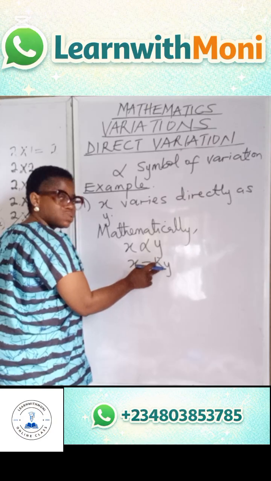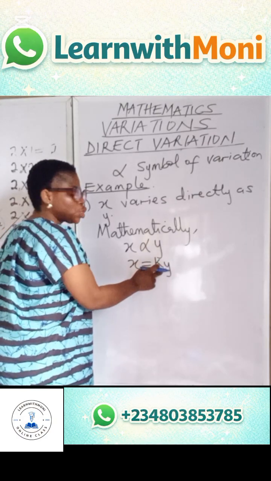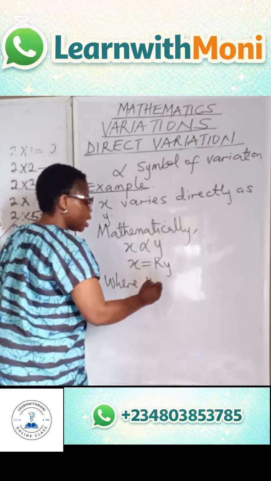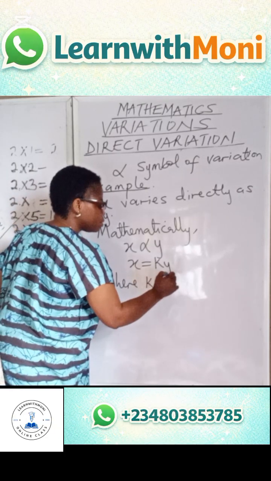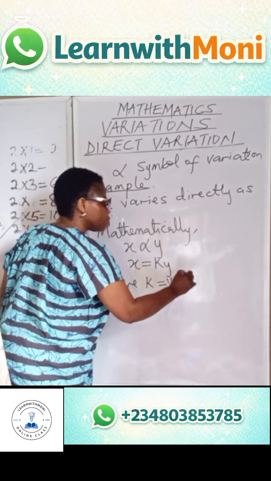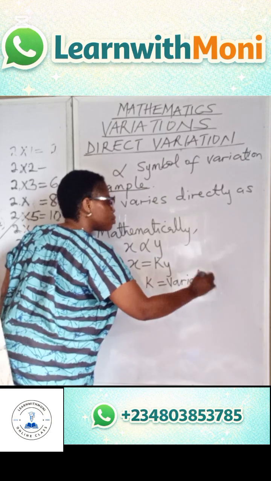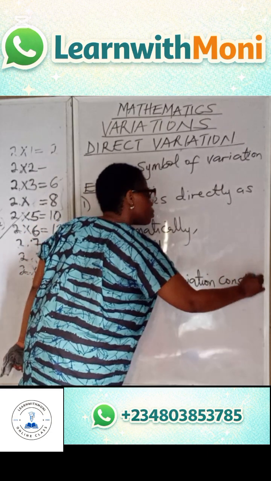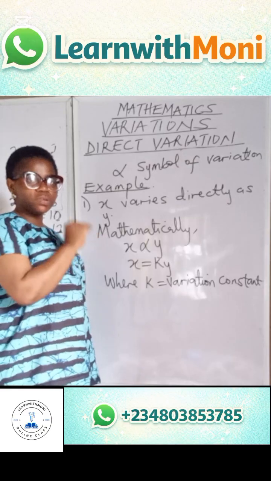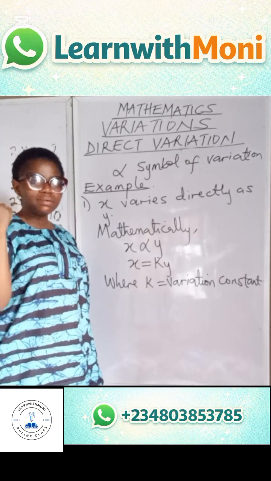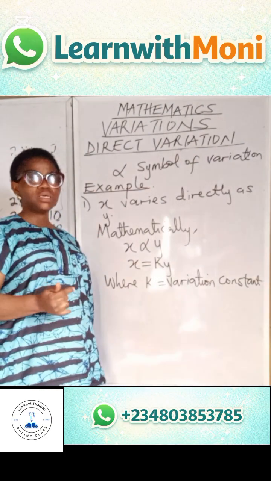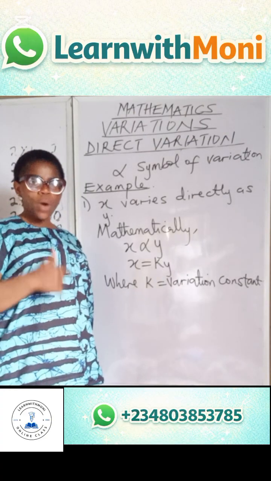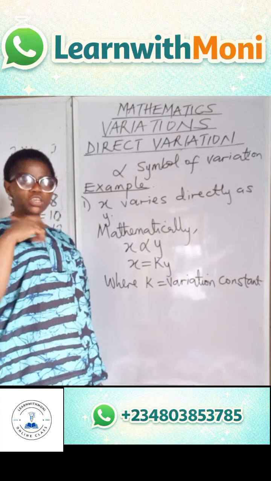The k I put here is the variation constant, where k is the variation constant. This variation constant represents the rate at which the change happens, whether it is an increase or decrease.